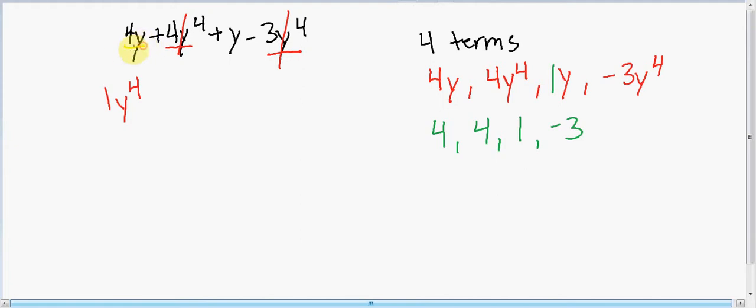And then I see that I have a 4y and a positive y, so they have the same variable, they're like terms, and that gives me a positive 5y. So that's my answer, and I've written it in descending order because I'm going from my largest exponent on my y down to my smallest exponent. If I had any constants, they would go at the very end.